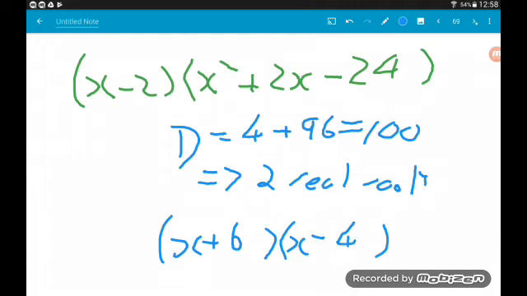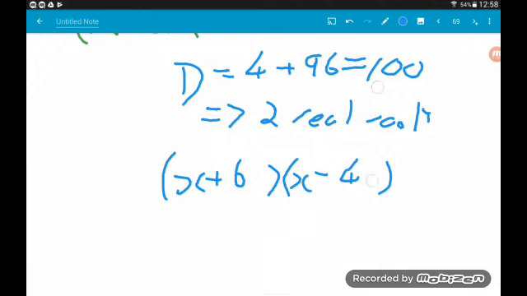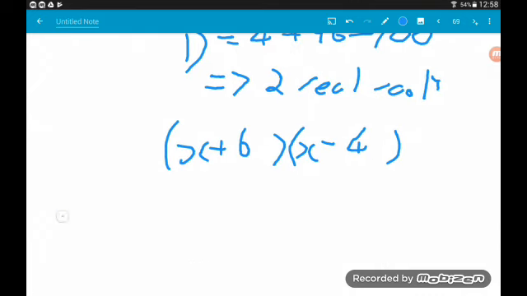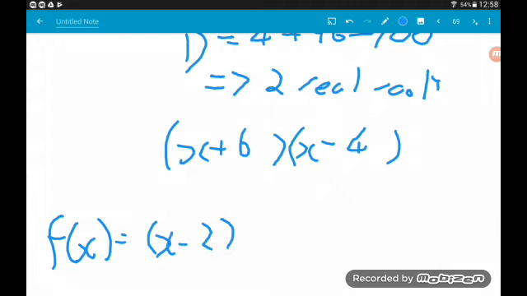So our cubic in fully factorised form is f of x is (x minus 2) times (x minus 4) times (x plus 6).